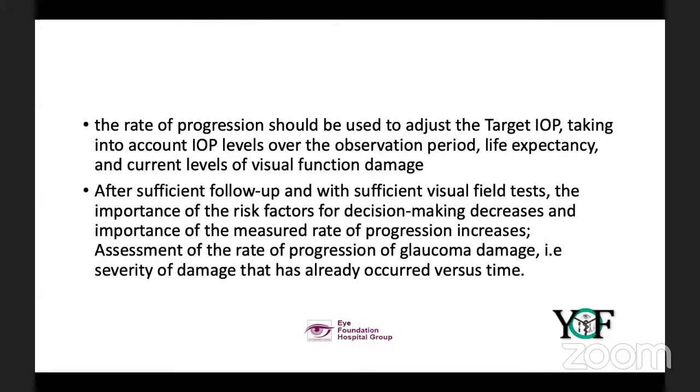After sufficient follow-up and with sufficient visual field tests, like 3 to 5 different times that are stable, the importance of the risk factors for decision-making decreases and the importance of measured rate of progression increases. Assessment of the rate of progression of glaucoma damage, that is severity of damage that has already occurred versus time.